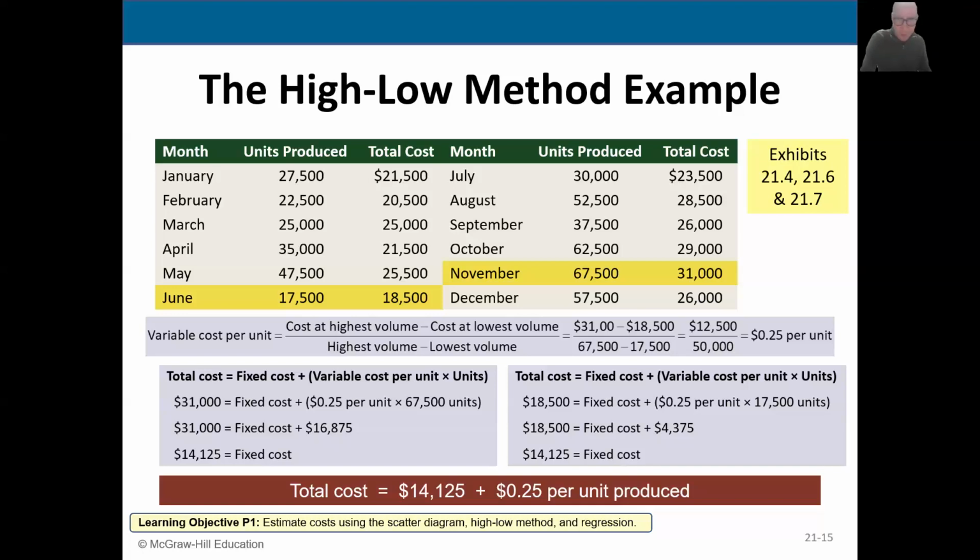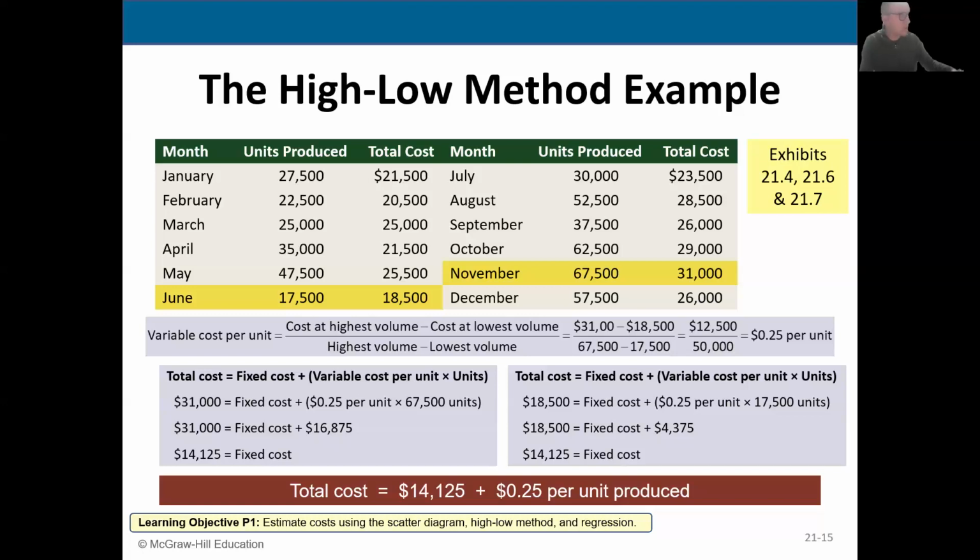So we do that for the high side, and we do that for the low side. On the low side, total cost was 18,500. Variable cost is still 25 cents per unit. Multiply that by the low production of 17,500 units. Gets us a total variable cost of 4,375.